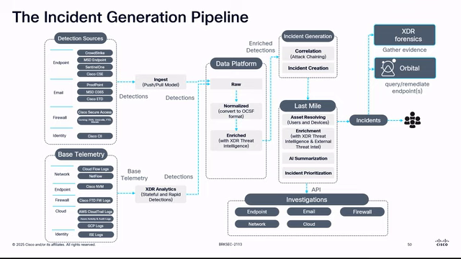We also have, as I mentioned, the API, which allows you to run point-in-time investigations with certain solutions that we integrate with. And after that, the incident appears in the UI, and it's available for the analyst to view.